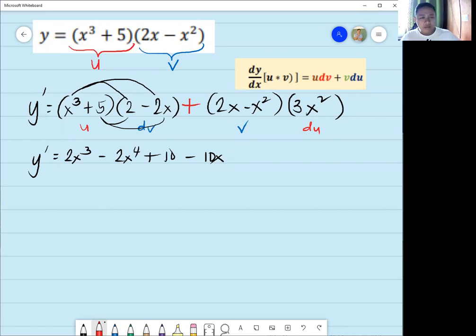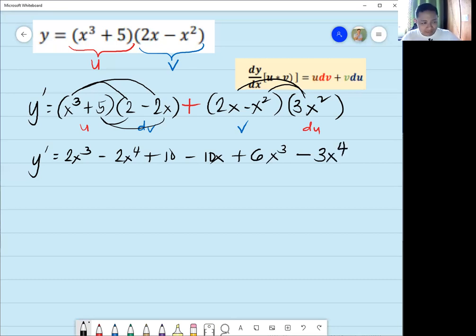Hindi naman kailangan. Next is, let me distribute this to my binomial. So we will have here 2x times 3x squared. That becomes plus 6x cubed. Tama? Correct me if I'm wrong, ha? Next. Negative x squared times 3x squared, that becomes negative 3x raised to 4. That's it.